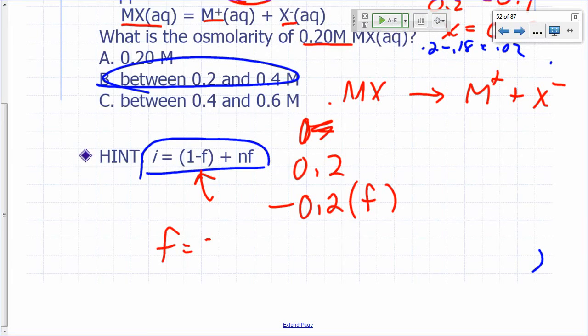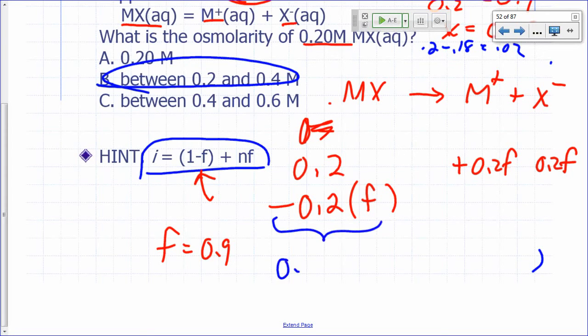The fraction that is dissociated is 0.9. And you're going to make 0.2 times f here, and 0.2 times f there. If you look at this, you can simplify it. This is going to be 0.2 times 1 minus f, and this is 0.2 times f, and that's 0.2 times f.